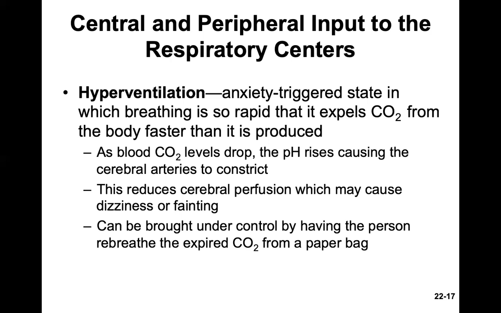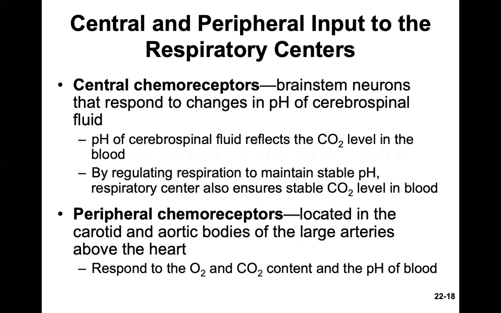So if you've ever seen in the movies where a person was hyperventilating and they gave them a small paper bag to breathe into, that is why that helps. They are giving them a place to exhale into, so that you can capture that carbon dioxide and rebreathe it in so that you can maintain and lower your body's pH levels.